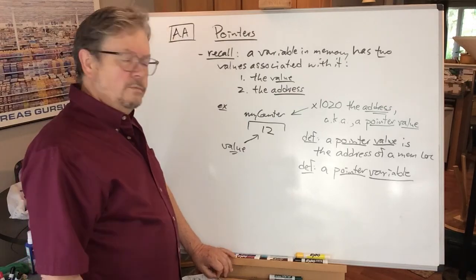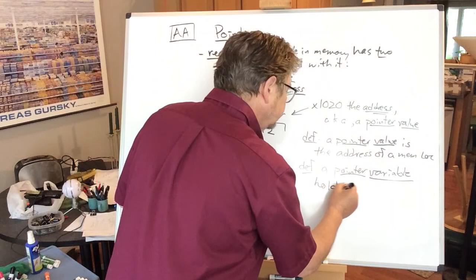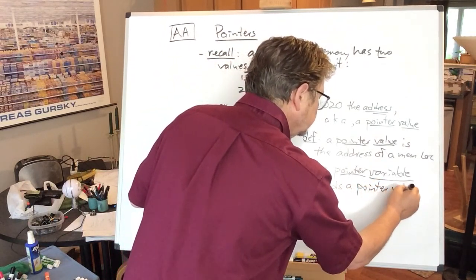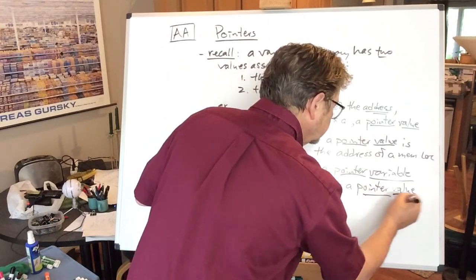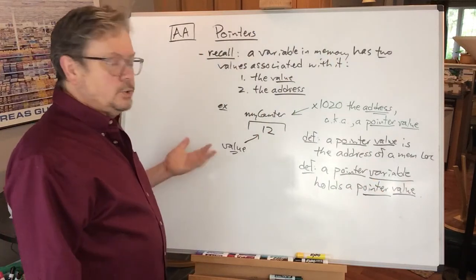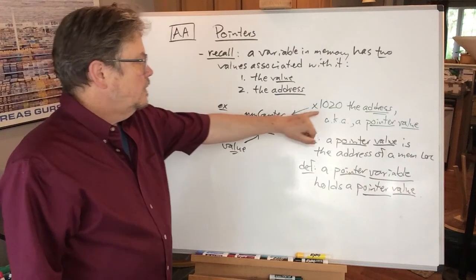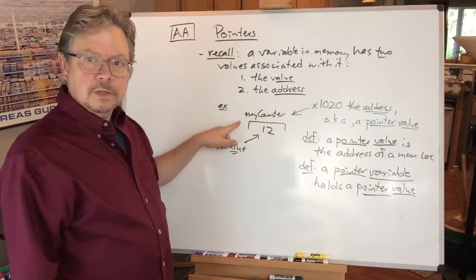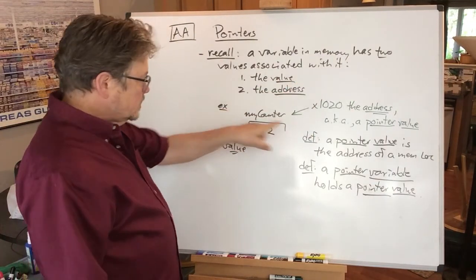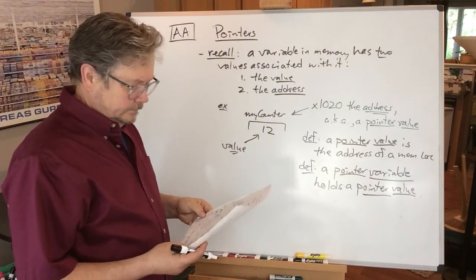A pointer variable holds a pointer value. Now, with my picture drawing convention, that actually is pretty easy to illustrate. That is pointing with this arrow to this variable. This address right here indicates or points at where that variable lives in memory. At least it makes sense to me.